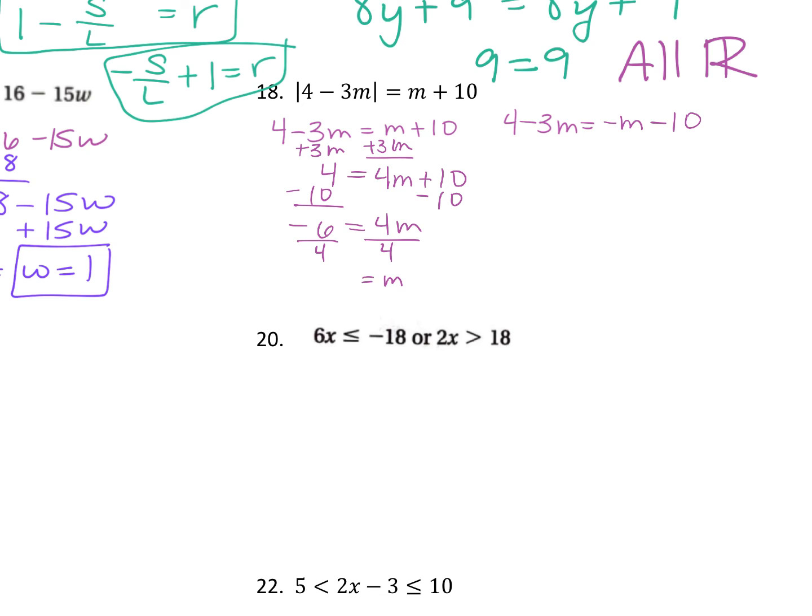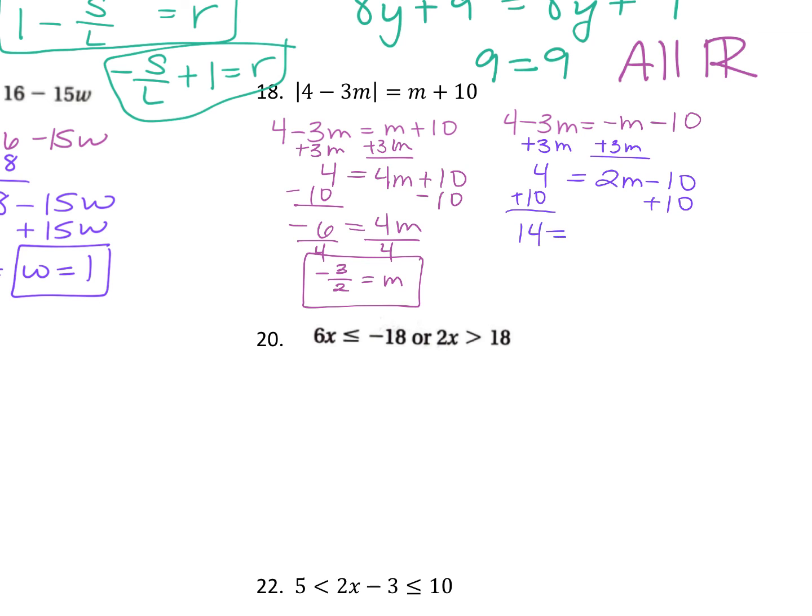So m is either, if you reduce that, negative 3/2, or maybe you like decimals better, negative 1.5 would be fine. On the other side, we're going to add 3m. So that's 2m minus 10 equals 4. And then add 10.